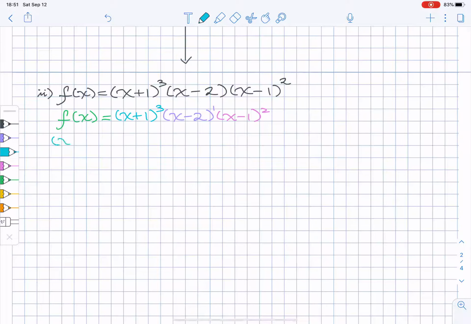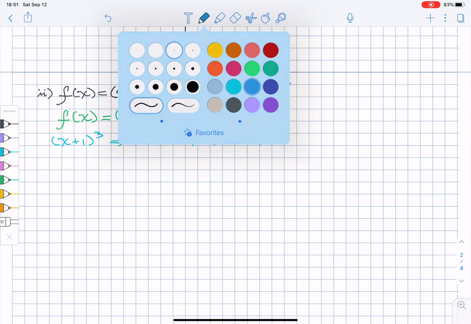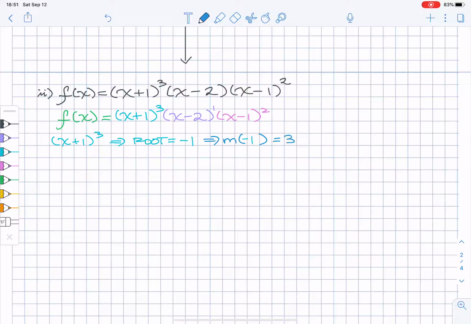So for x plus 1 cubed, this implies that the root is negative 1. And we see that the multiplicity of negative 1, which is the power on it, is going to be 3. So that's S-shaped. Now let's look at the factor x minus 2 to the first power. So this means that the root is positive 2.